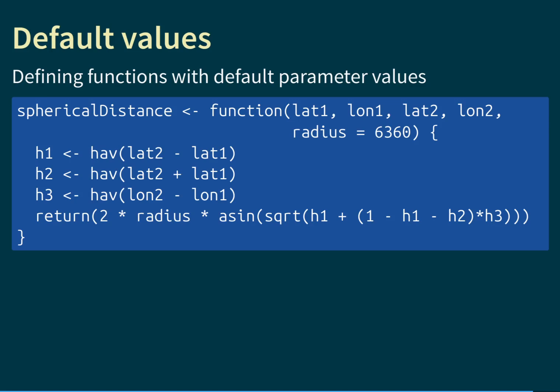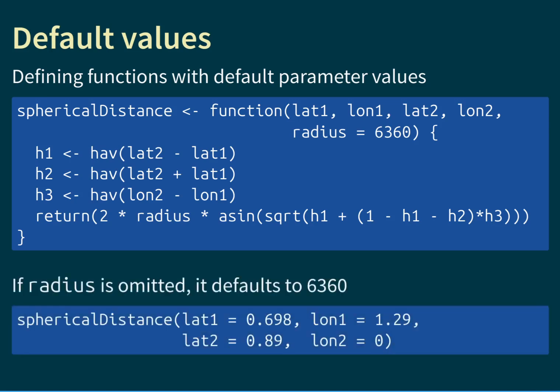This way, if we give it the default value, then we can omit the argument of the radius and it will simply default back to the value that we've given. So in this case, it will be perfectly valid to call the function spherical distance with only 4 inputs: lat1, lon1, lat2, lon2, and omit radius. And if we do that, then the default value will be substituted in that we've supplied when we defined the function above.